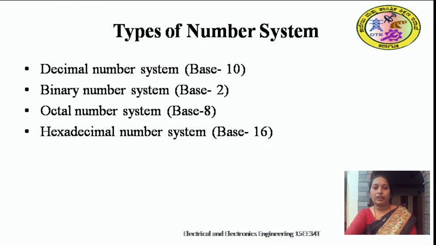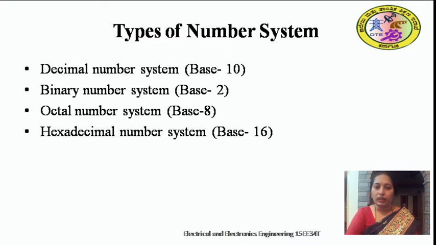So what are the different types of number systems? The first, which we are all familiar with, is the base 10 system. The second is the binary number system, where the base is 2. Then we have the octal number system with base 8 and the hexadecimal number system with base 16.